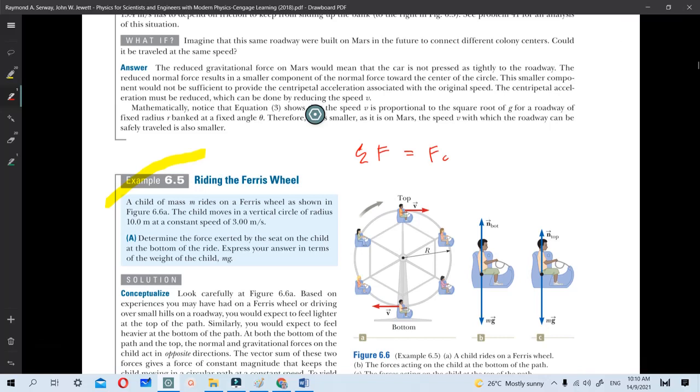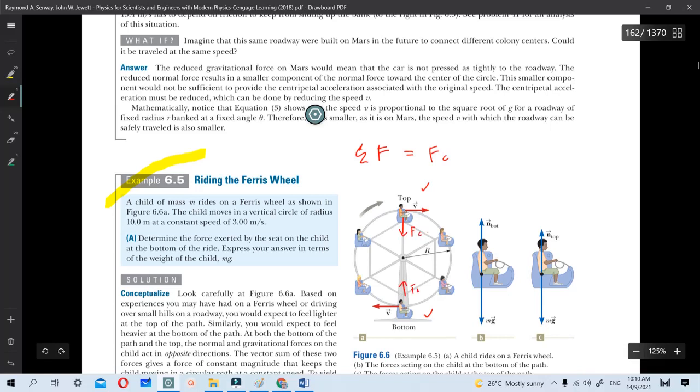Alright, in the given situation here, there is a small child with mass M on a Ferris wheel as in the figure. The child moves in a vertical circle as in the figure, and there are two locations of interest. Number one is at the top, number two is at the bottom. Now, in both cases, you will find that the direction of the centripetal force will be as given.